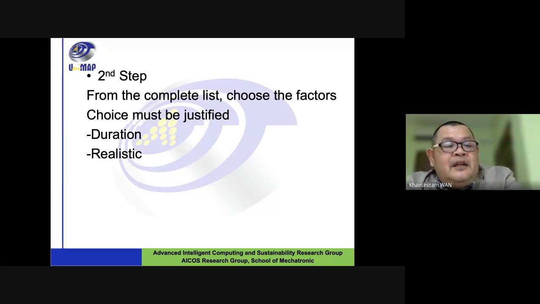If you want to buy an expensive sensor for the final project, maybe it's not suitable. But for a doctoral or master student, buying an expensive sensor may be suitable if the project is funded by the industry, because the duration is longer than the final project. So this is what you can use for the justification to choose the factor.